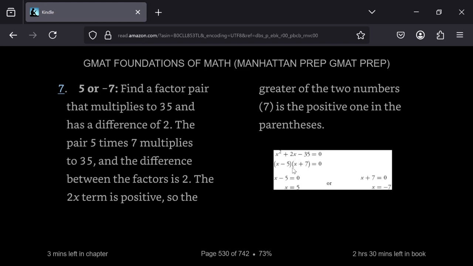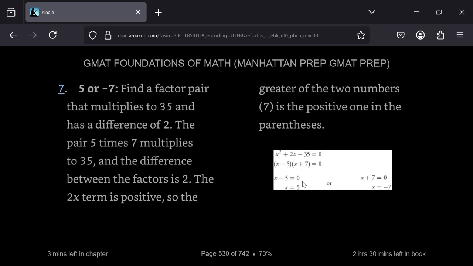So that's why we need to make 7 the one that is positive, while 5 is the one that is negative. We need one to be negative because if we multiply them, we'll need to get a negative value as well. Okay? Once we've done that, we equate them to 0.